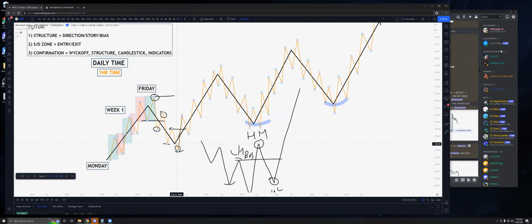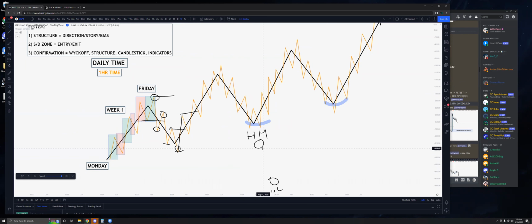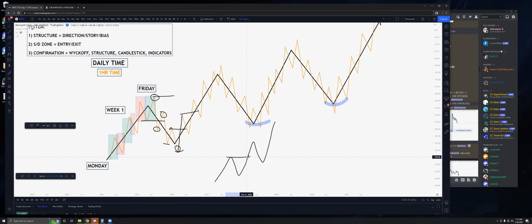So now that this is running up, you can see that this is a higher high. For this to continue going up, what does it have to do? Do you guys know? What does it have to do to continue going up? Create new highs, correct. They have to create new highs. It has to do this, break structure, for it to come right back down.